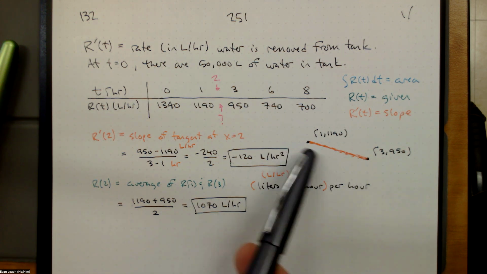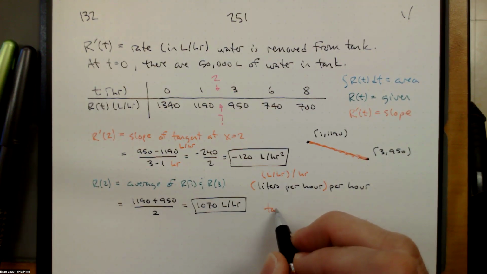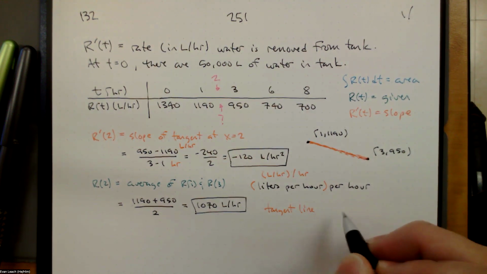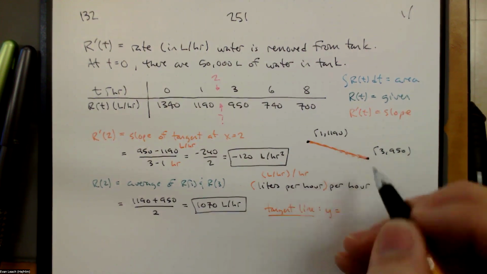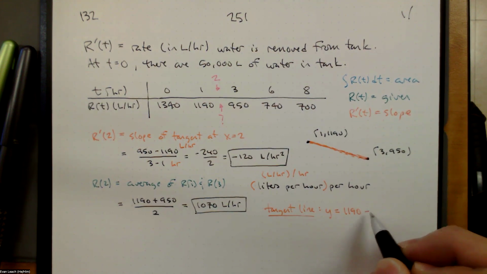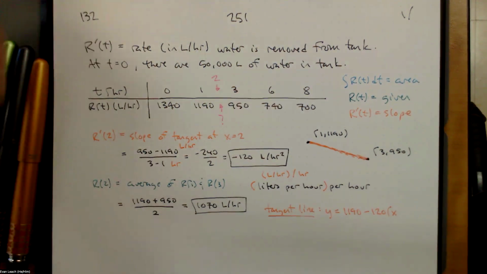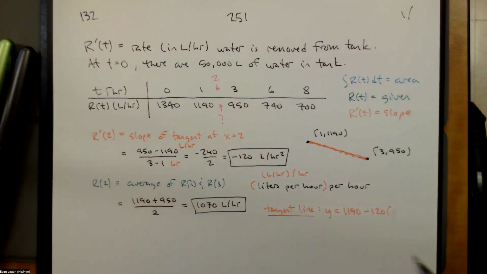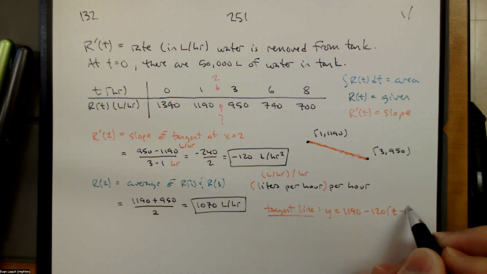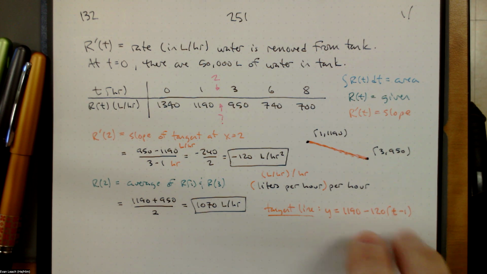So if I create the tangent line, if we start at 1190 and decrease by 120 whenever t increases by 1. So here, the rate is 1190 when t is equal to 1, and will decrease by 120 liters per hour.